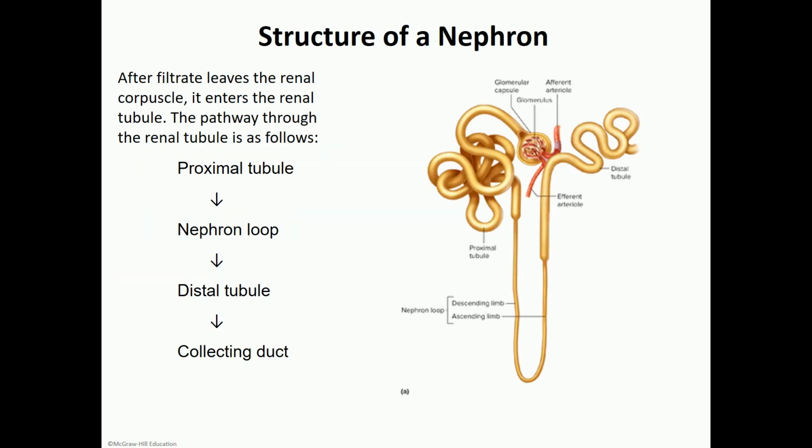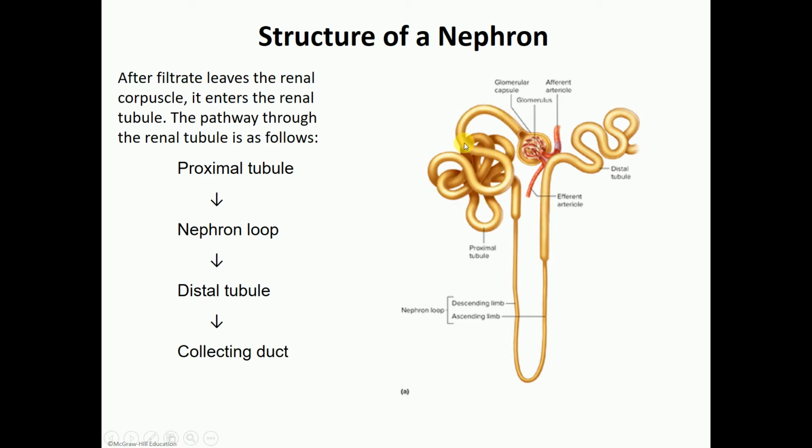Now here you can see what the nephron looks like. So this right here is the renal corpuscle. You could see the tuft of capillaries or the glomerular capillaries on the inside, surrounded by Bowman's capsule. Extending off of that, you can find all of these tubules. They do have names and we want to be familiar with those names.